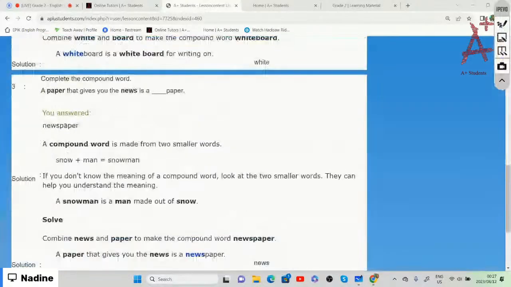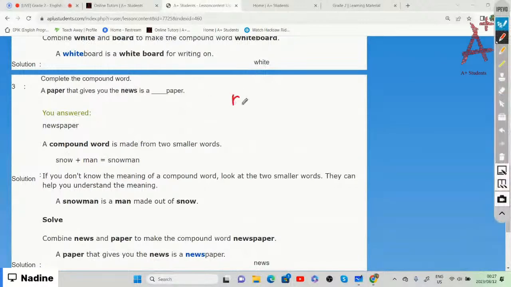A paper that gives you the news is a... So we need to find a paper that gives you the news. A paper that gives us the news is called a newspaper. So a compound word is newspaper, right? You can't just put these two words together as is and say paper news.